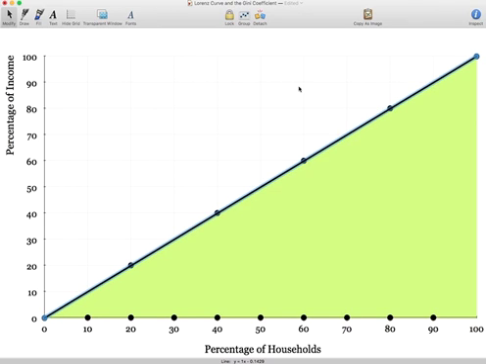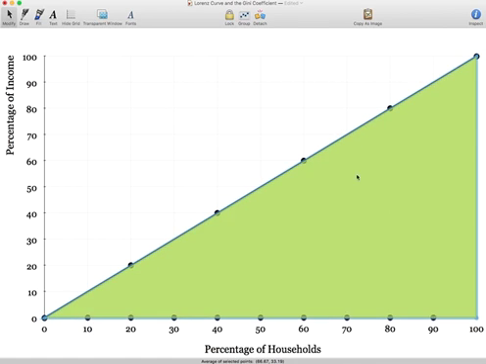So the further you're moving towards 1, the more unequal the distribution of income. The other end of it is that if that is your Lorenz curve there, that tells you that all households have the same level of income. So the area is going to be equal to 0 because there's nothing under this 45-degree line divided by the area of that green area there. So you have 0 divided by that green area, which is equal to 0.